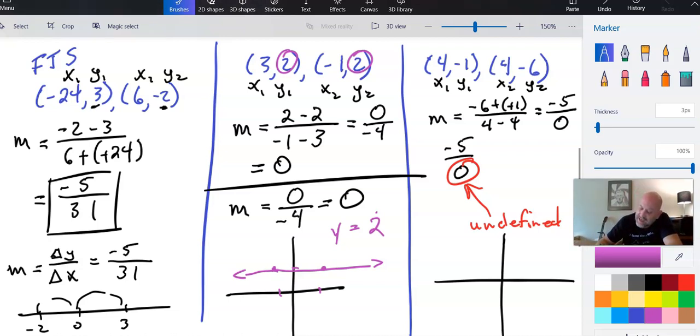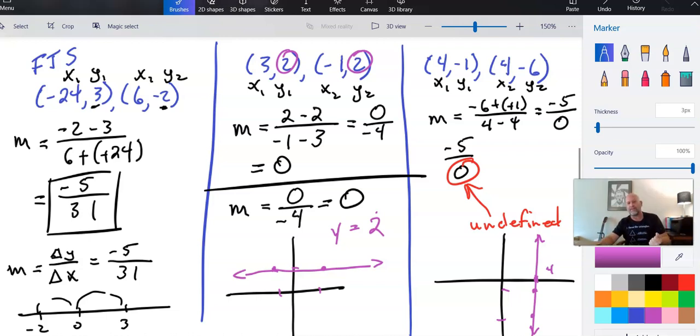And if we look at these, the x values in both of these are 4. So let's say that 4 is over here. I have one at -1 and at -6, and you can see it's a vertical line. And so it's kind of like having an infinite steepness, right? It's as steep as you can get. There is no steeper than this.